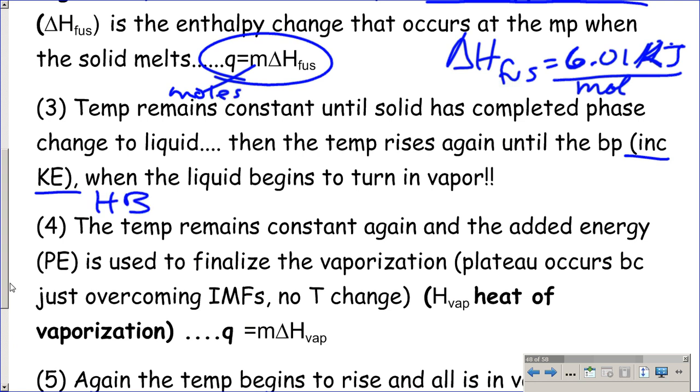Okay, so it's going to continue to overcome the hydrogen bonding between the liquid molecules. As that occurs, they become really energetic and their motion increases. The kinetic energy, which is the energy of motion increasing, causes the temperature to rise. So there we have delta T, and there we would also have Q is equal to mc delta T if we had to calculate for that.